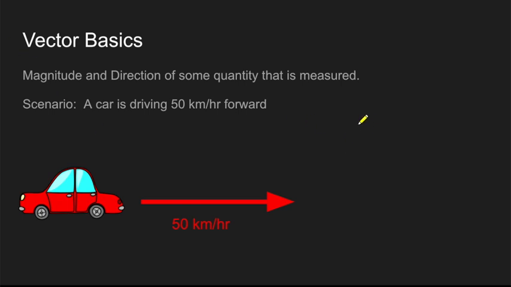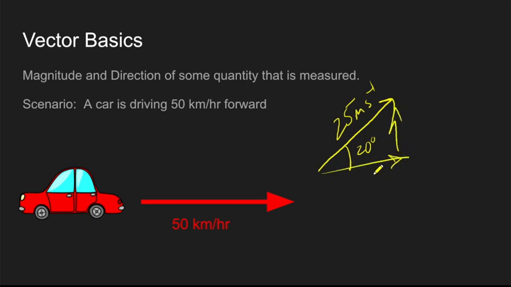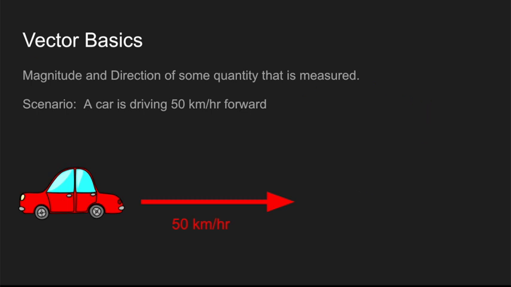You've seen them in your projectile motion problems as a ball was hit at some angle. Let's say it got hit at 25 meters per second at 20 degrees from the horizontal, and then you saw that you had to turn that into an X and a Y in order to find out what's happening with that motion.